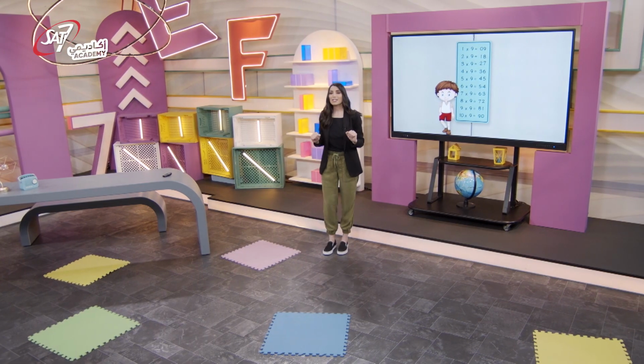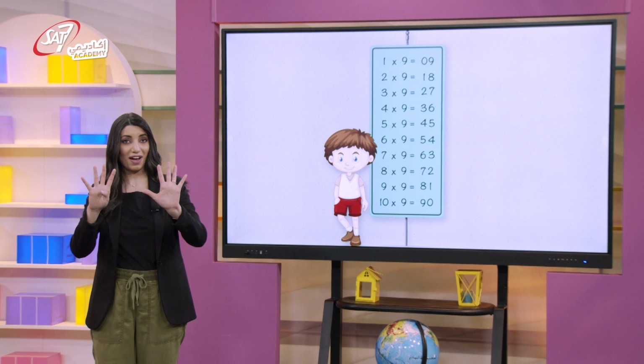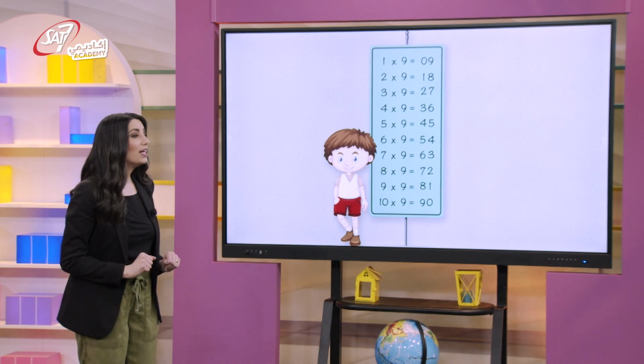Lower the 8th finger. We have 7 on one side and 2 on the other side. It's 72. What's 9 times 5? It's 45. Last one, 9 times 7. Lower the 7th finger. The answer is 63.